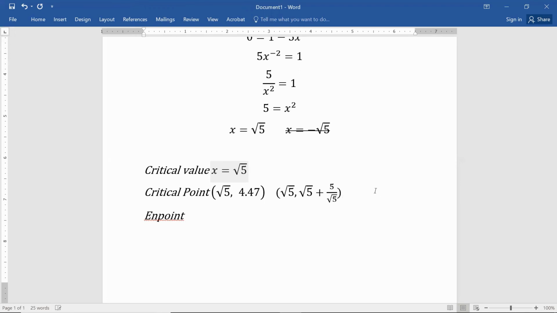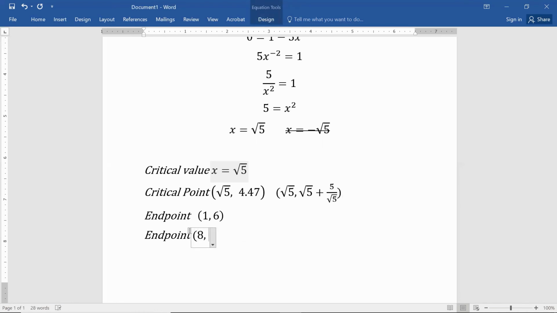One of those endpoints has an x value of 1. And then its output is going to be 1 plus 5 over 1. That's easy enough to calculate. That's 6. The other endpoint is going to have an x value of 8.